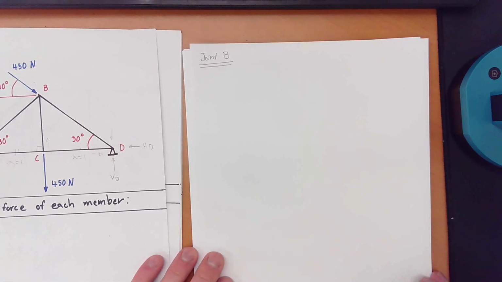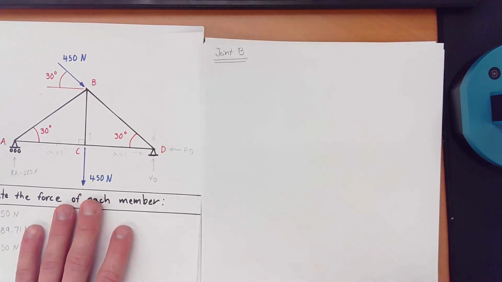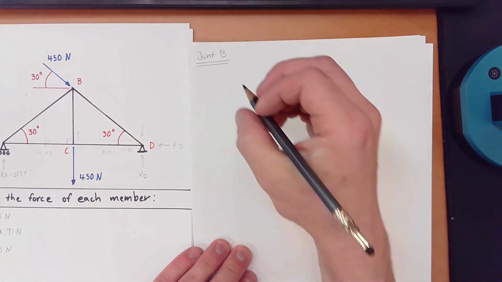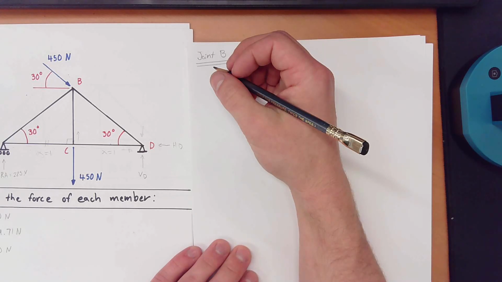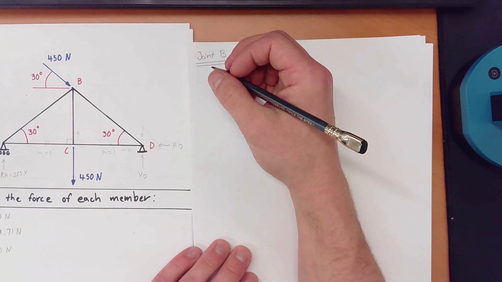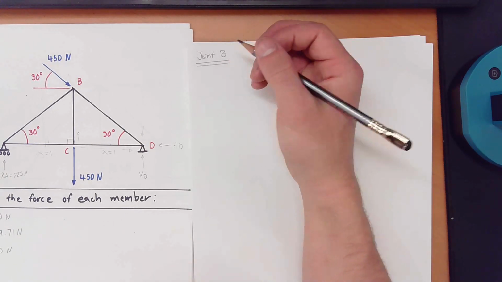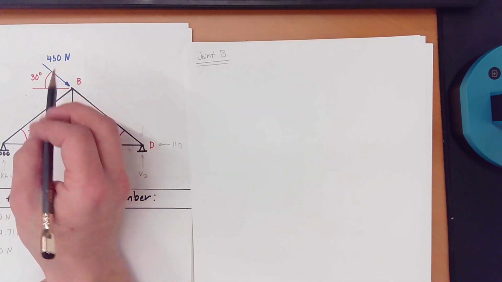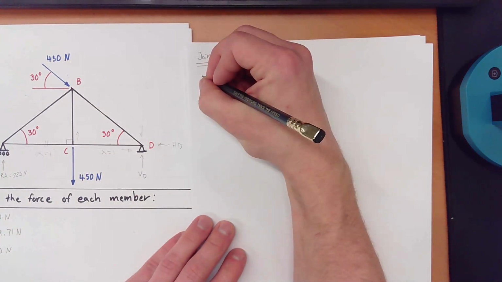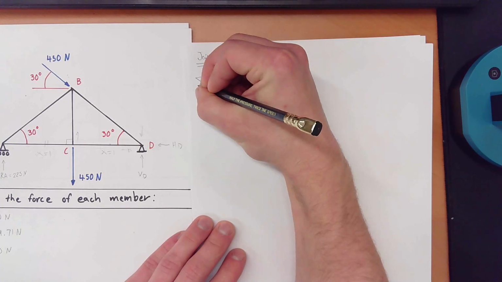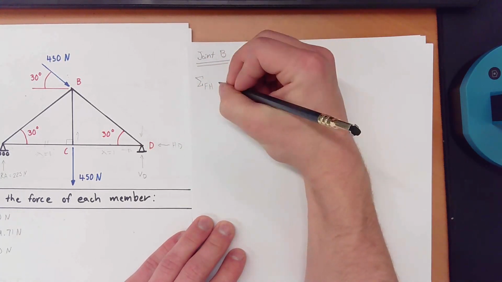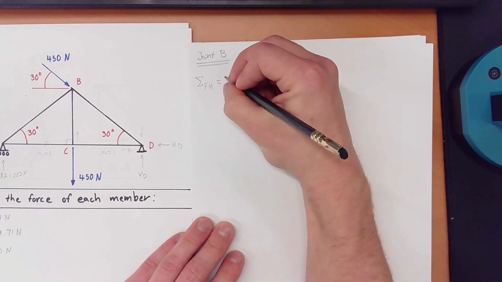Okay, so joint B we have right here. So we know the sum of the forces horizontally must be equal to 0. So on every node, we've got to work horizontally, we've got to work vertically. So let's start with horizontally. So the sum, capital sigma, of the forces horizontally must equal 0.